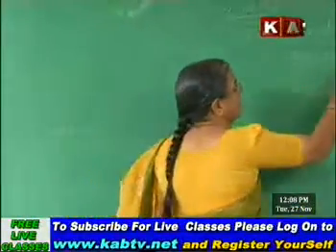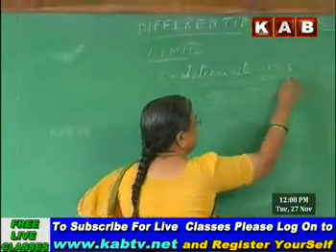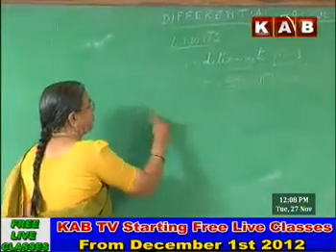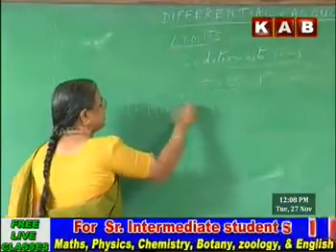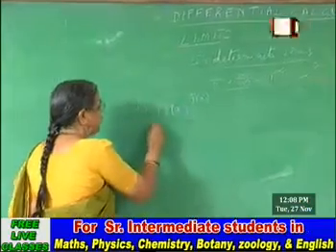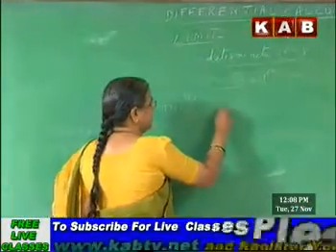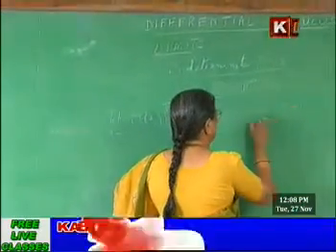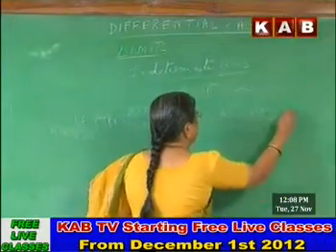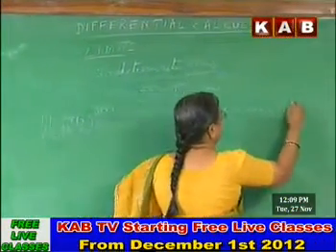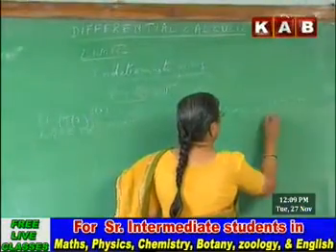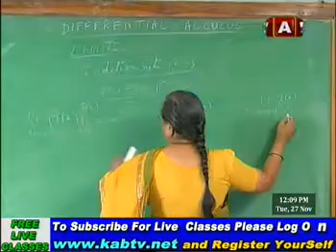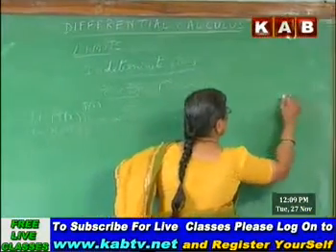Now, one more indeterminate form is infinity to the power of 0. This is limit of f(x) to the power of g(x) as x tends to a is infinity to the power of 0 form. That means limit of f(x) as x tends to a is infinity, and limit of g(x) as x tends to a is 0.